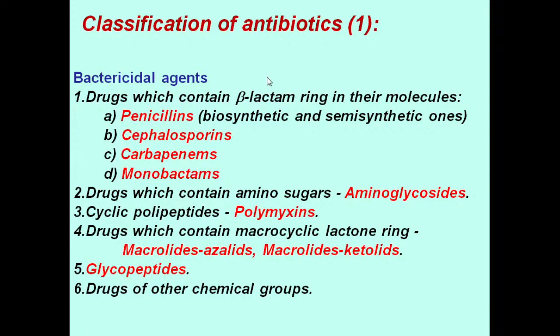include the following chemical groups: drugs containing a beta-lactam ring. There are 4 subgroups of beta-lactam antibiotics: penicillins, cephalosporins, carbapenems, and monobactams.